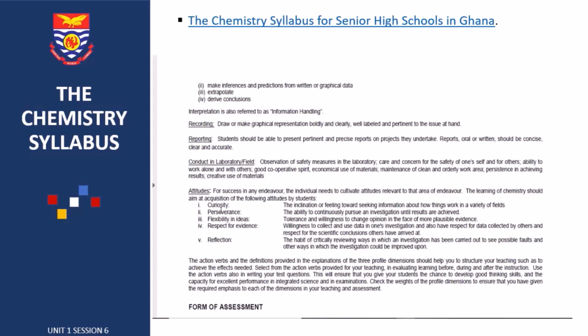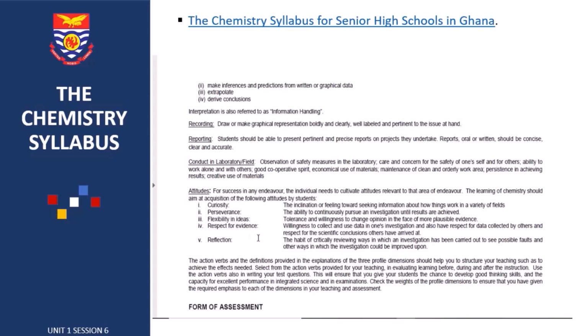1. Curiosity, which is the inclination of feeling towards seeking information about how things work in a variety of fields. 2. Perseverance, the ability to continually pursue an investigation until results are achieved. 3. Flexibility in ideas, that is the tolerance and willingness to change opinion in the face of more plausible evidence. 4.